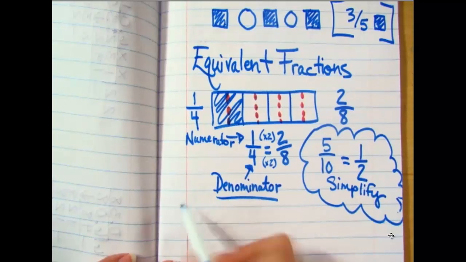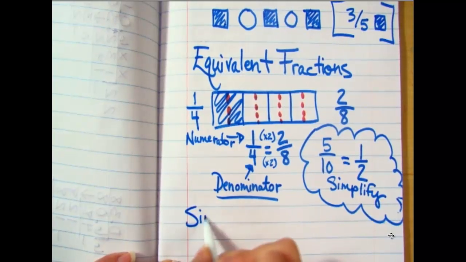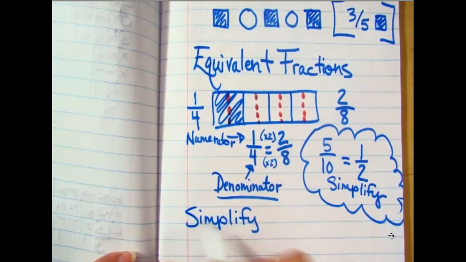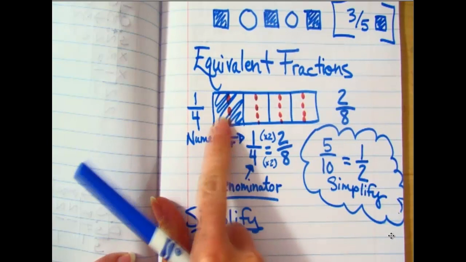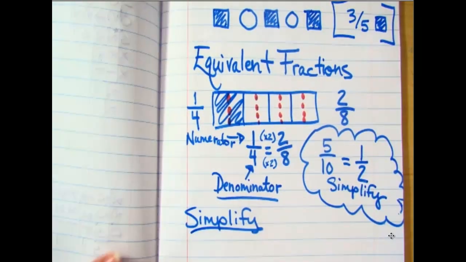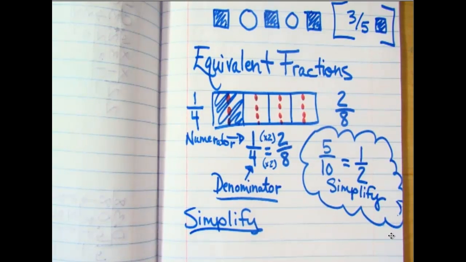The other thing we're going to practice today together is simplifying. So when we simplify fractions, it's like we're taking the tiny pieces here and we're gluing them back together. So if I wanted to put those 2/8 back together and glue them back, could I make them into a 4th again if I super glue them together? Sure.